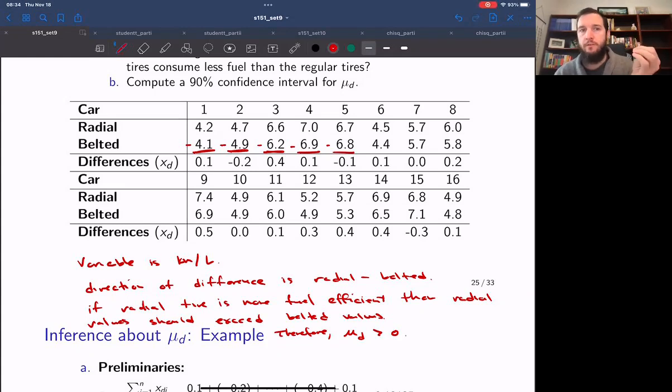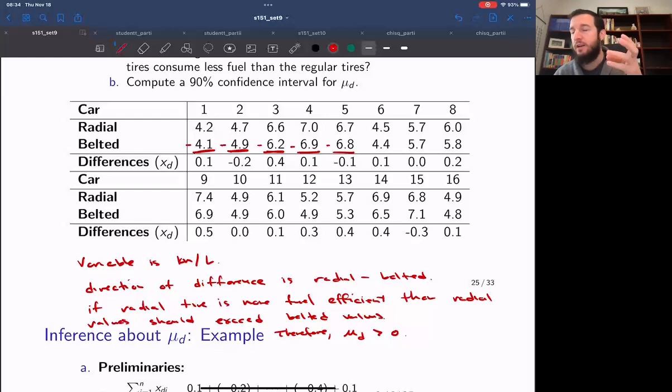Since I've constructed the differences as radial minus belted, and I want to know if the radial tire is more fuel efficient, the expectation would be that the radial measurements are bigger than the belted measurements. So if I subtract the belted values from the radial values, these numbers should be bigger than 0. Therefore, I am going to be interested in testing if the mean of the differences is greater than 0, because the differences are found by subtracting the belted values from the radial values.